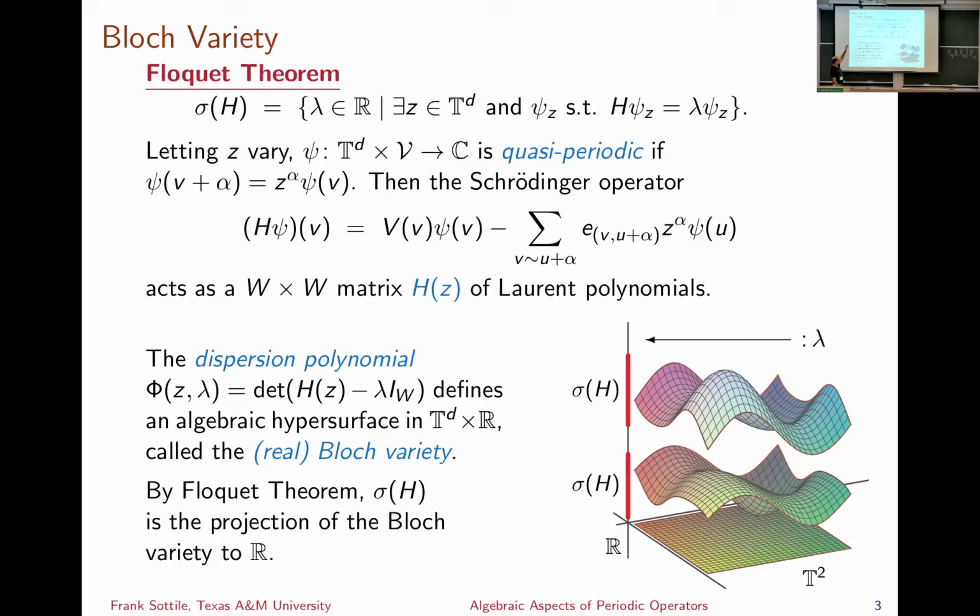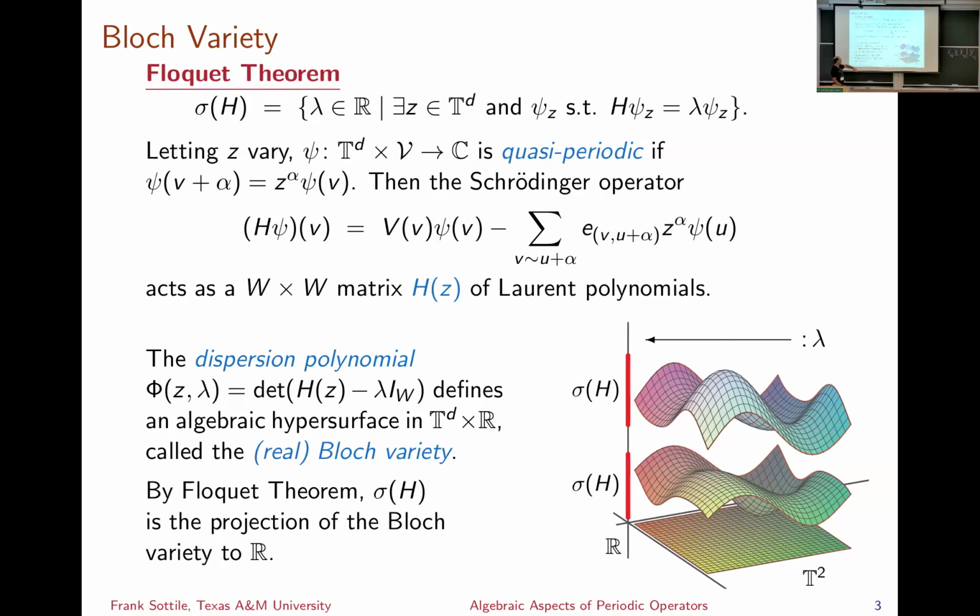Back before, we were looking at an eigenfunction for a particular z, and that's packaged together now as something larger, and the support of it is determined by the zeros of this dispersion polynomial. It's the characteristic polynomial of this matrix of polynomials, and that defines an algebraic hypersurface.